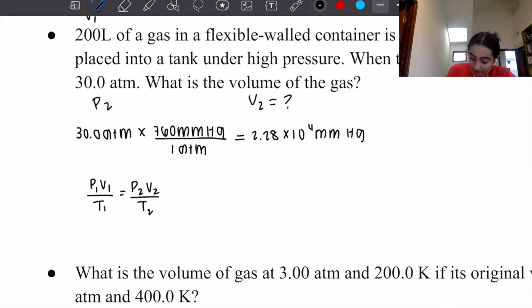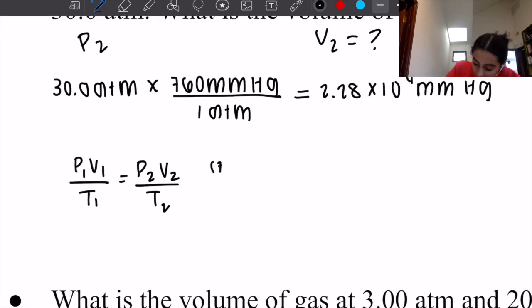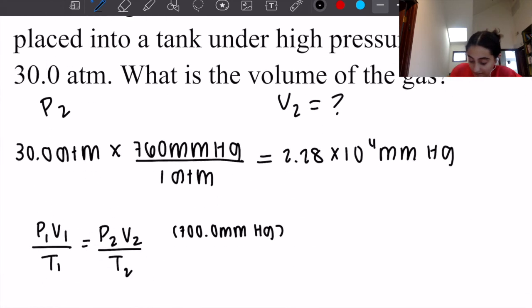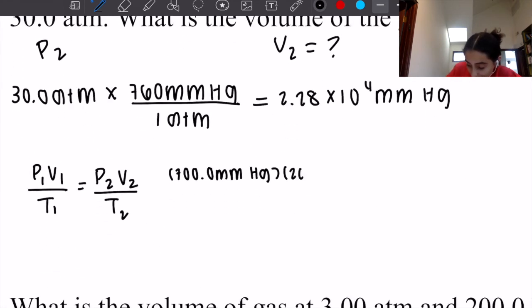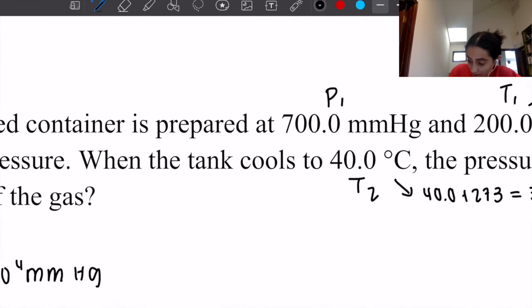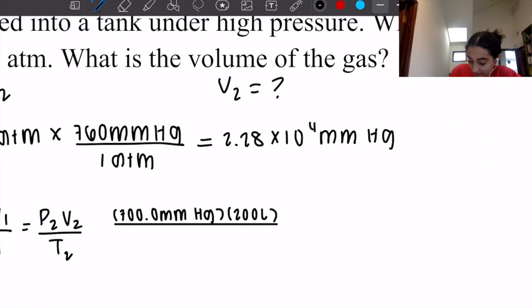Our initial pressure is 700 millimeters of mercury. Our initial volume is 200 liters. And that is going to be over 473 Kelvin.